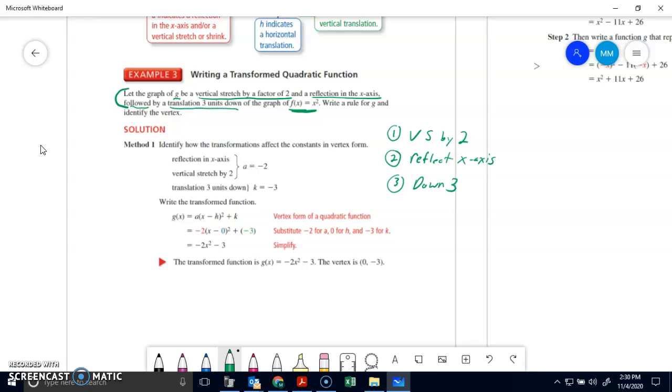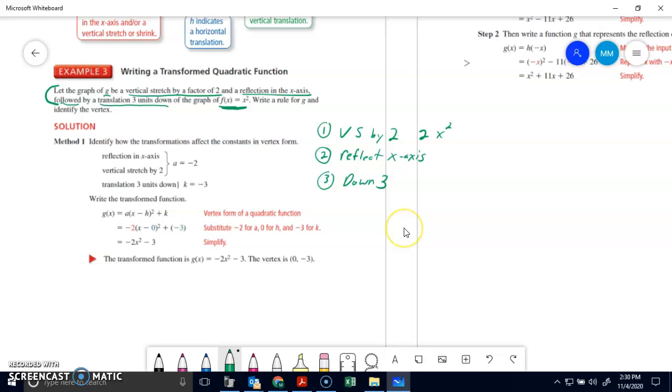Okay? So I'm going to do a vertical stretch by 2. And let's think about what that means. A vertical stretch by 2 means that I'm multiplying x squared by 2 in front. And then reflect the x-axis. Well, reflecting the x-axis is also vertical. So that means it's a negative 2 in front. And again, both of these are vertical things.